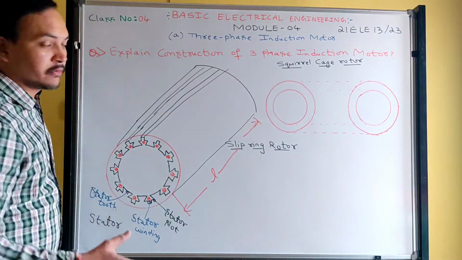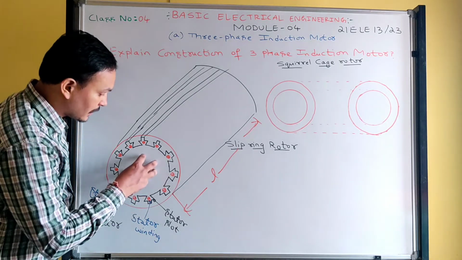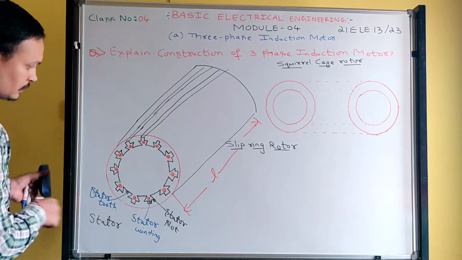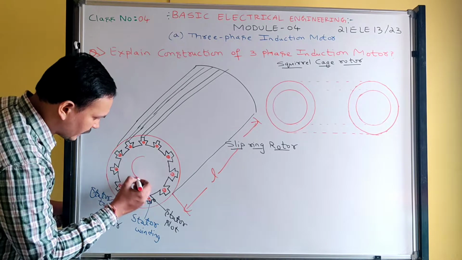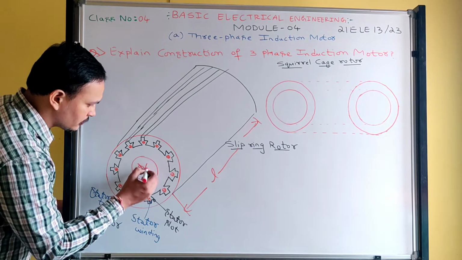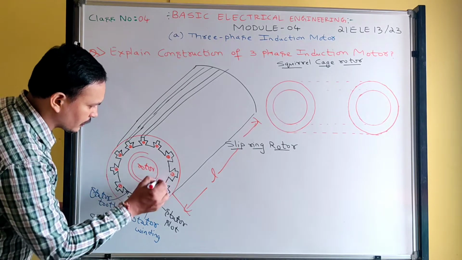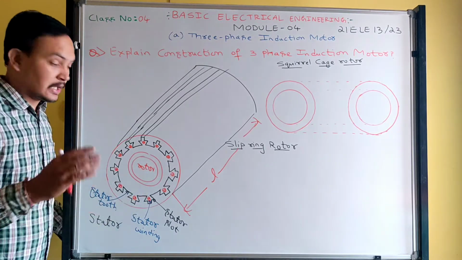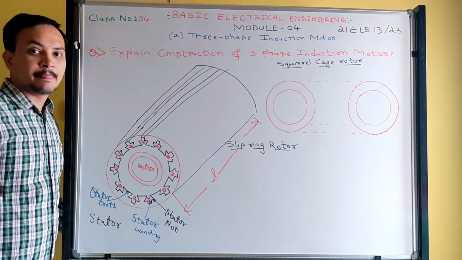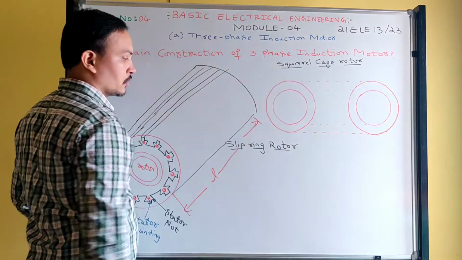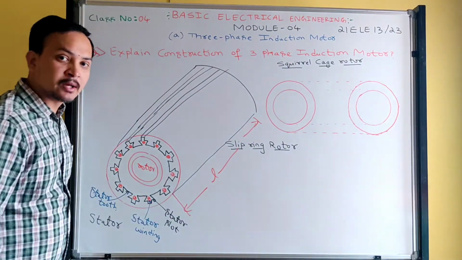What about rotor? Where will the rotor be? Inside the stator. See, this is the stator. Inside, the rotor will be there. So this one is called rotor. In the rotor construction, again we have two types. One is called squirrel cage rotor and another one is slip ring rotor.